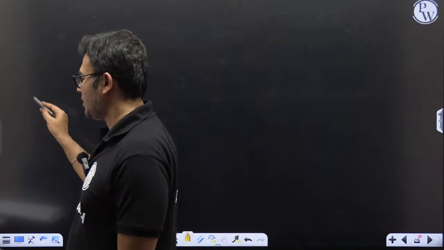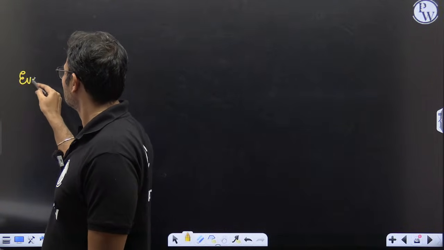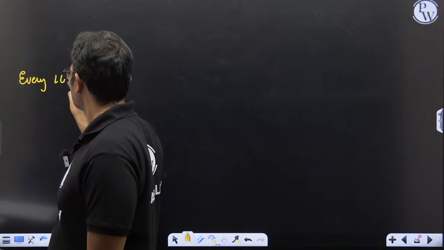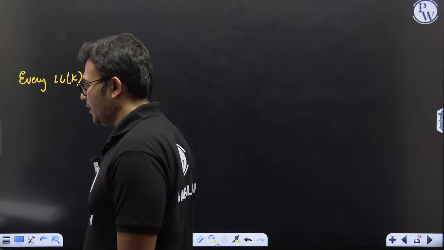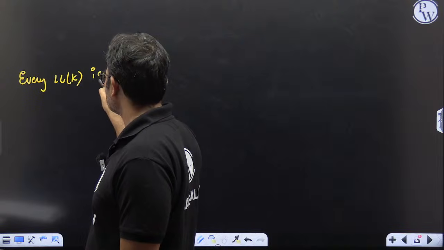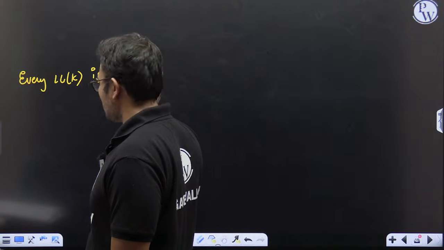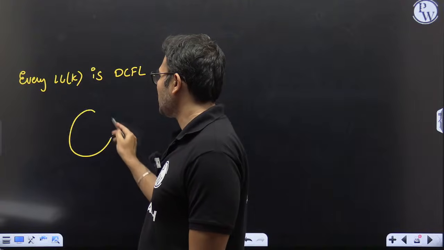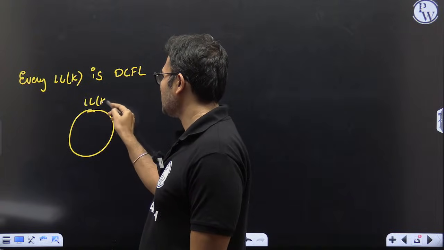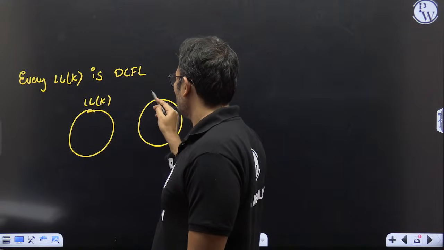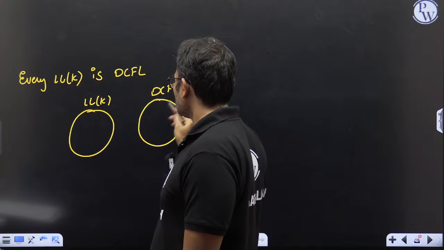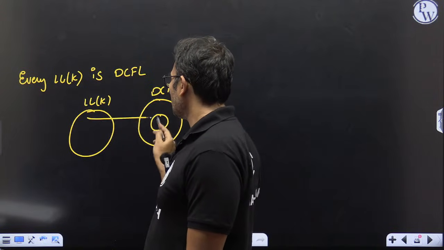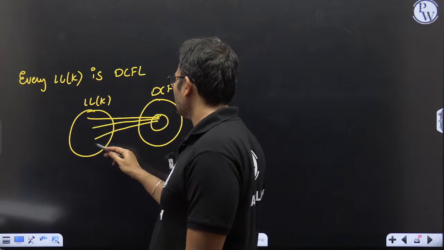Every LLK is DCFL. So which means if I write like this, LLK, DCFL, it is not all DCFL but only some of them.